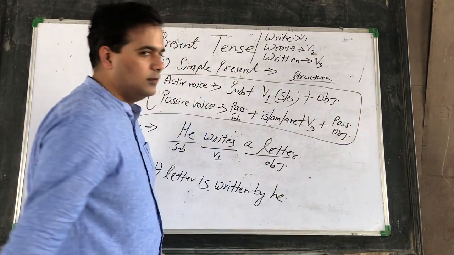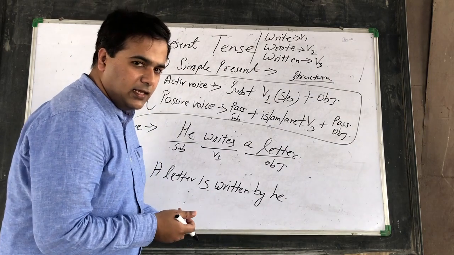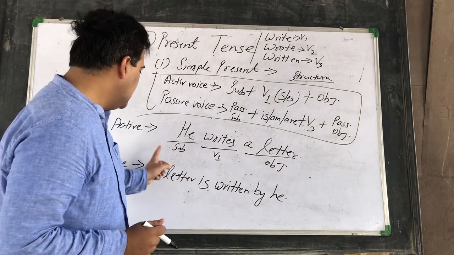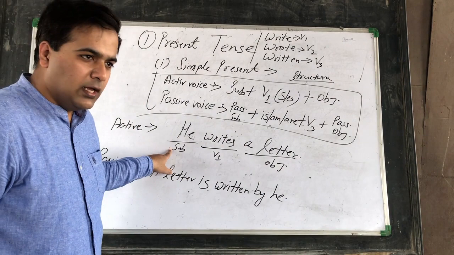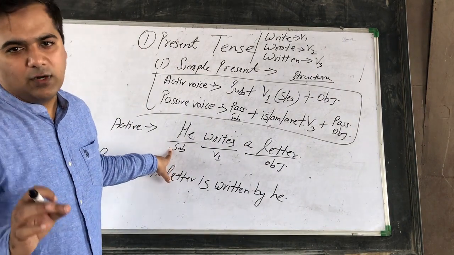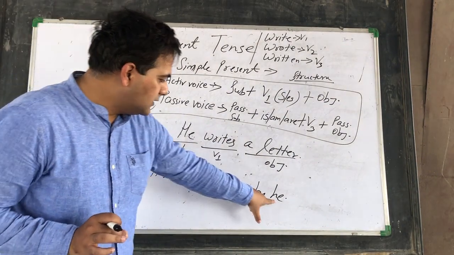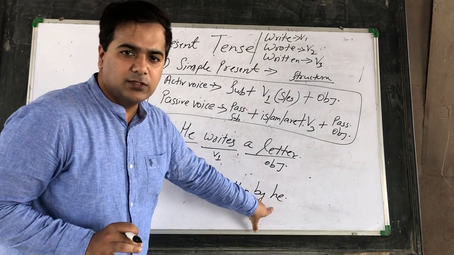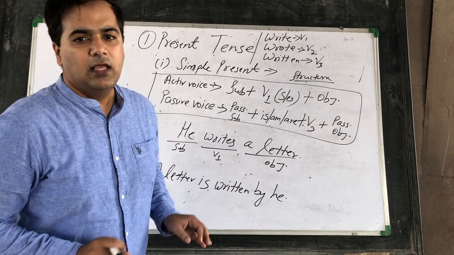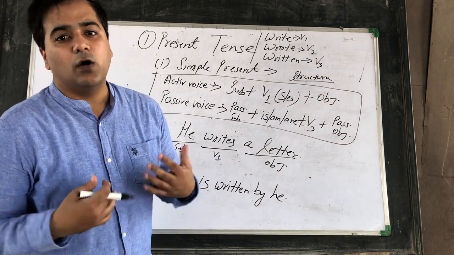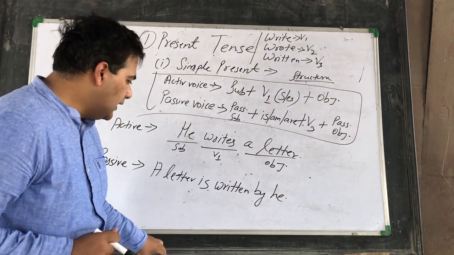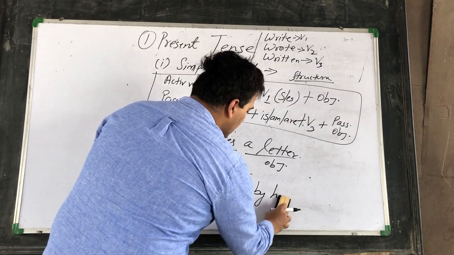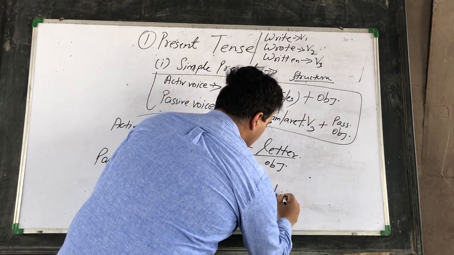No, here if we write he, the answer will be wrong, because it is a pronoun. In the case of a pronoun, when we put it in the last portion in the place of the object, we will have to follow the objective case of the pronoun. So it will not be he, it will become him.